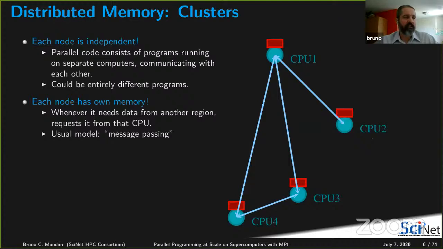And all of a sudden, if CPU one needs data that is on CPU two, the two of them need to talk to each other, and CPU two needs to send some data to CPU one in order to process. Okay, so you don't have direct access in this model to the memory on the other compute node. The memory is exclusive for each compute node.